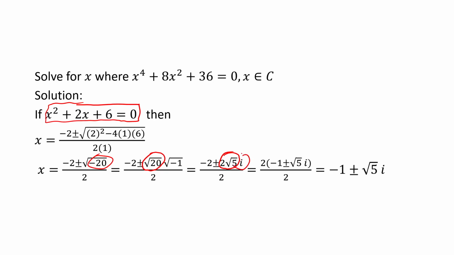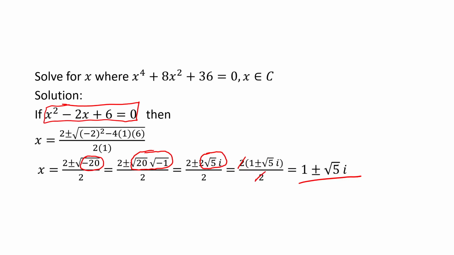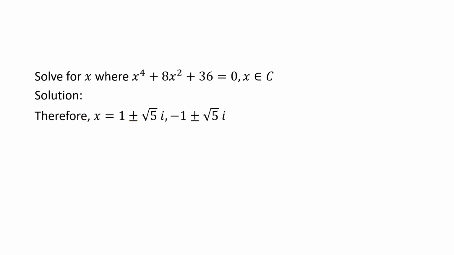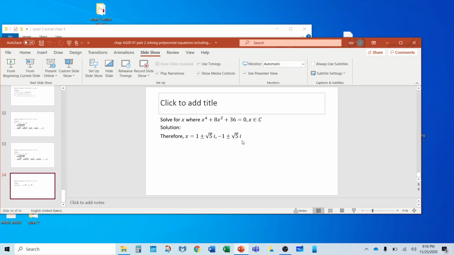Square root of -1 is i. So factoring out the 2 from the numerator and from the denominator allows us to cross them out, and we get -1 plus or minus root 5i. So the two answers from the previous slide and the two answers from this side combine to give us our 4 answers to that 4th degree polynomial equation. And that's the end of this lesson on complex numbers.